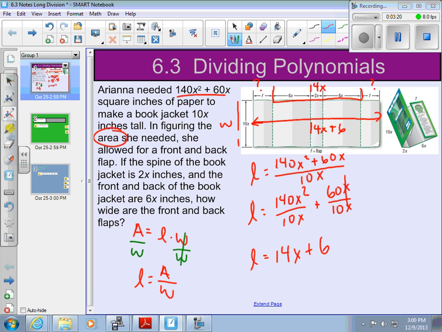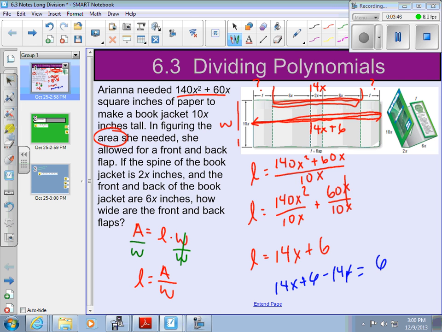If the whole thing is 14x plus 6 and this part is 14x, what do we get if we subtract? Well, we get 14x plus 6 minus 14x. And if we subtract those, we get that there would be 6 inches remaining for these two flaps.